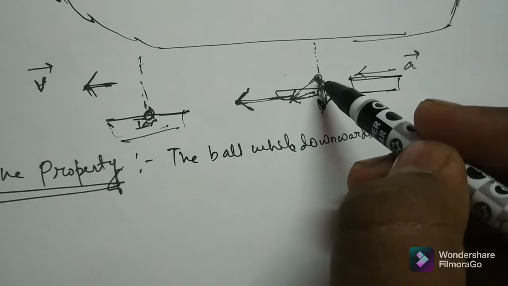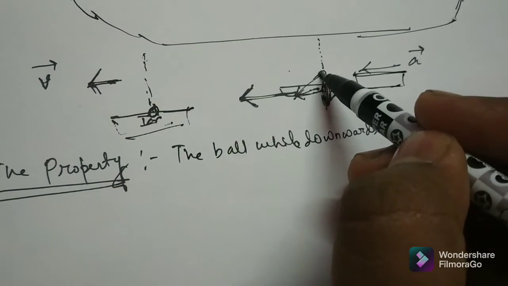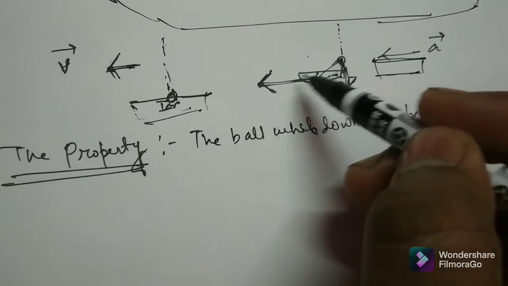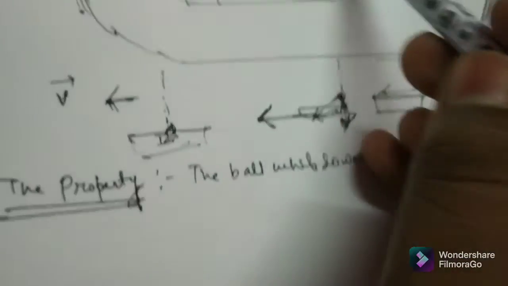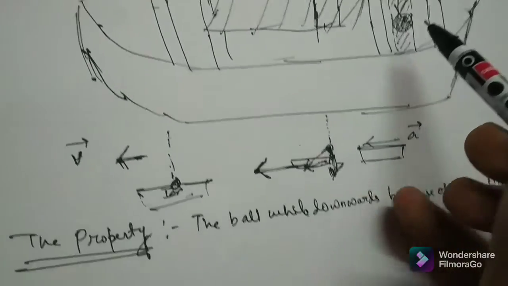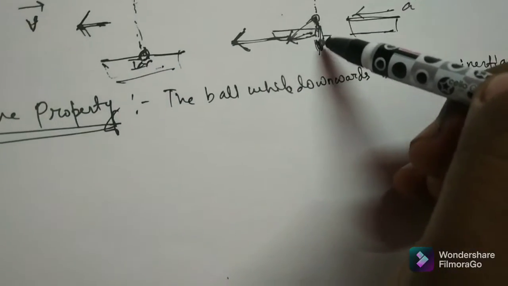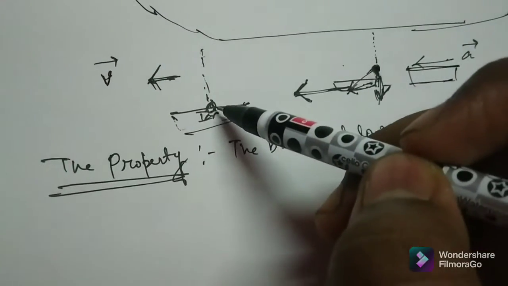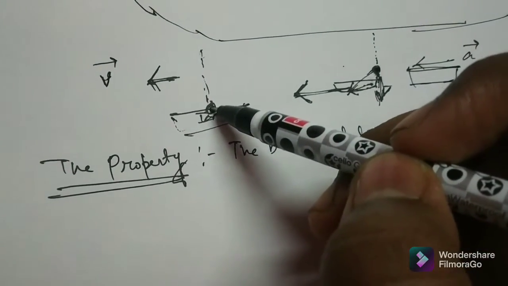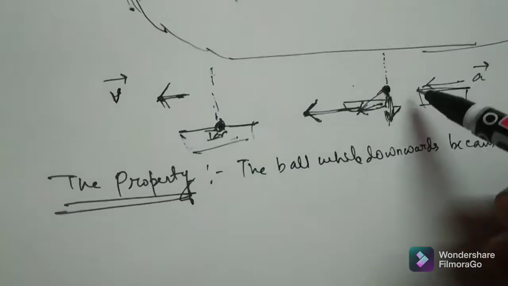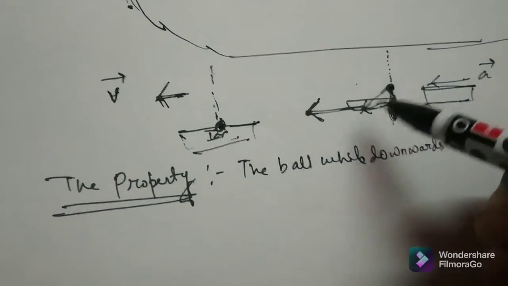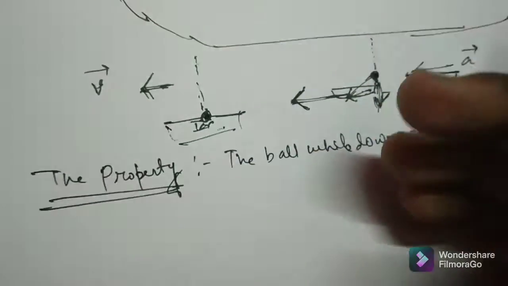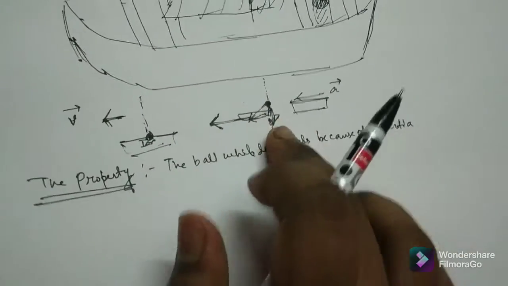But the ball's inertia is such a property that it didn't allow the ball to go after the boat; it allowed the ball to behave exactly as it behaved previously, and to fall in the same direction. But unfortunately it didn't fall on the board because the boat had already passed away, so it fell on the sea only.